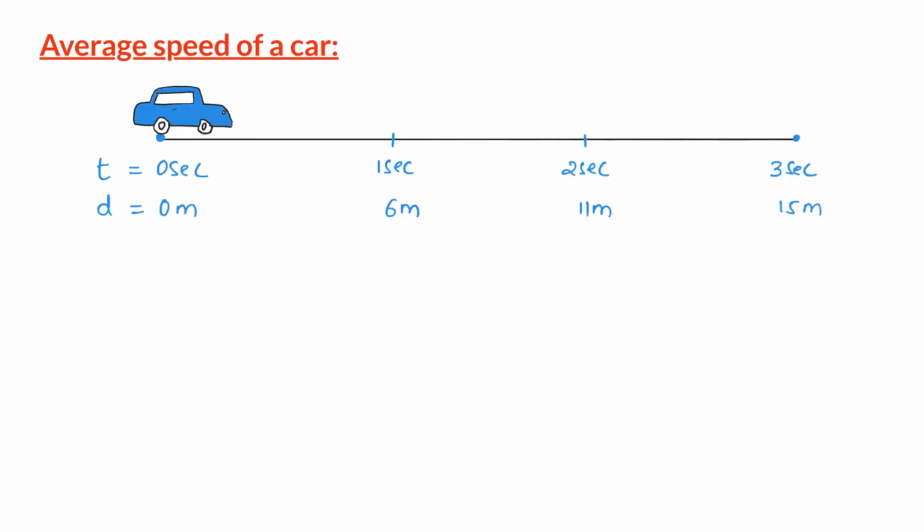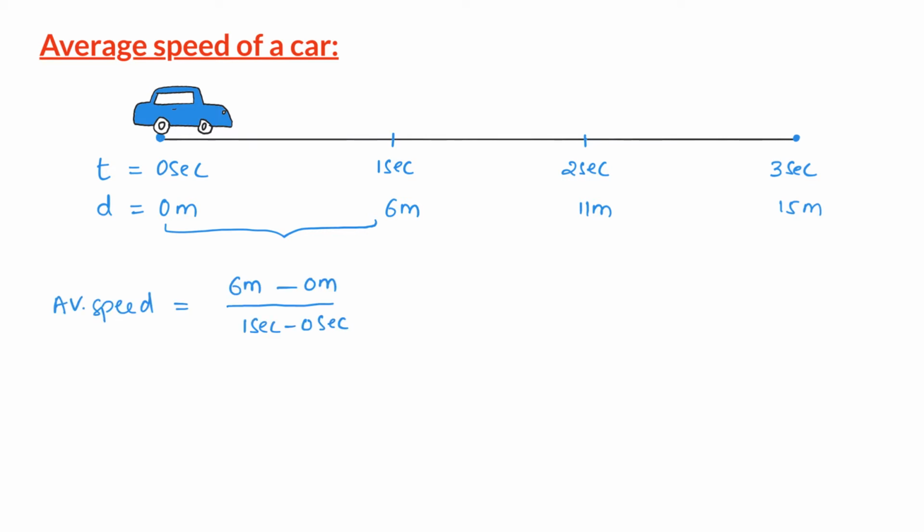Let us say we are driving a car and at time t equals 0, the car is at the 0 meters point. After 1 second, it traveled up to the 6 meters point. After 2 seconds, it is at 11 meters. And after 3 seconds, it is at 15 meters. The average speed of the car in the first 1 second interval can be calculated by the formula.